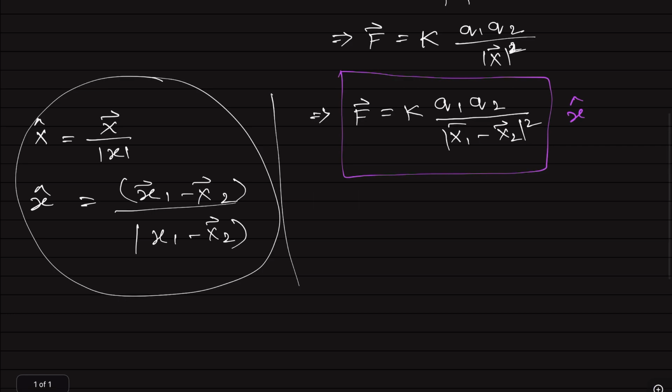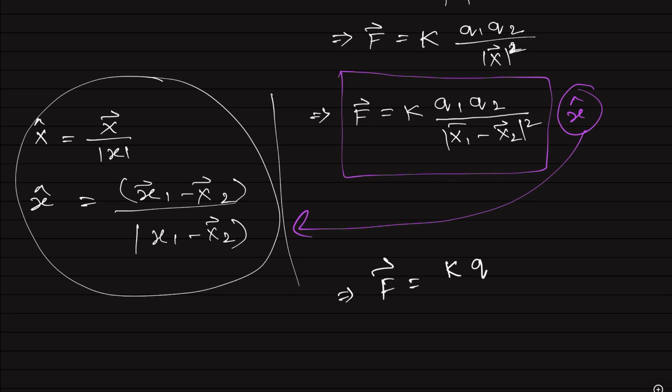So this unit vector x cap can be written like this. So I can write F equals k q1 q2 divided by mod x1 minus x2 square, and this thing as like this.